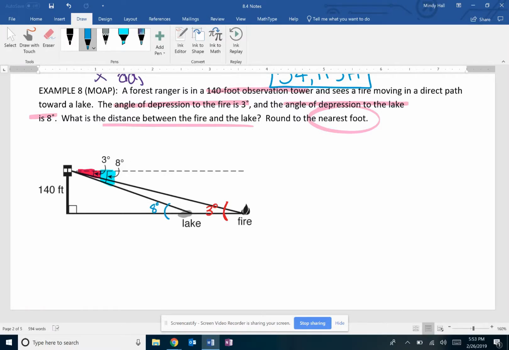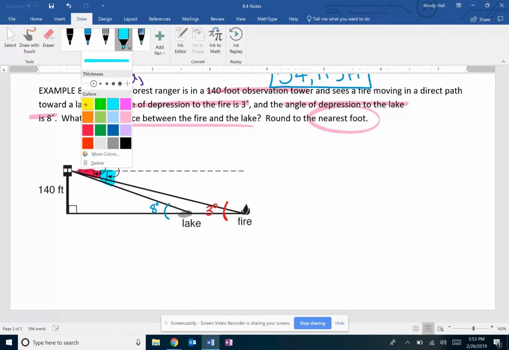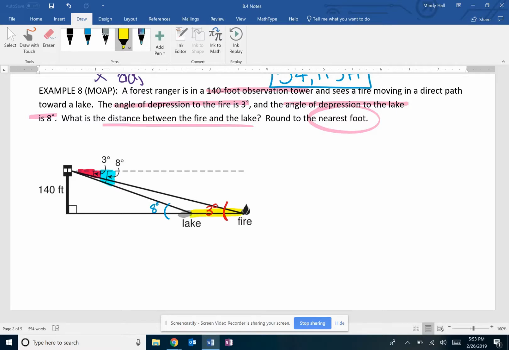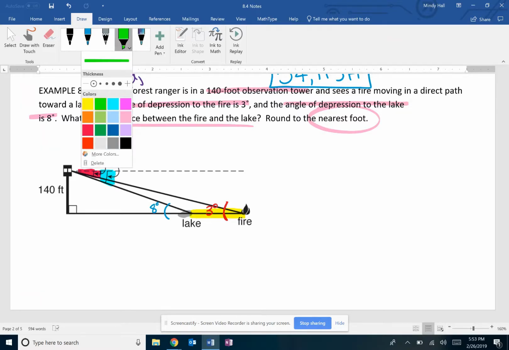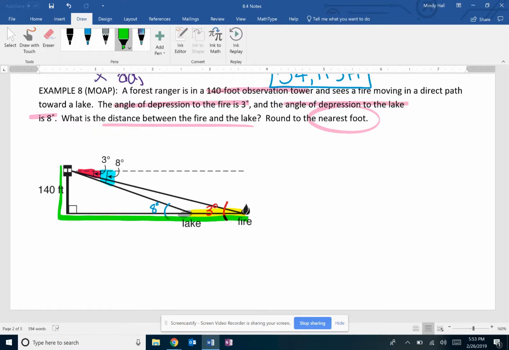So in order to solve this, we are looking for this little piece of this big triangle. And notice that the big triangle is all the way from the observation tower over to the fire and back up. Because in order to use all this trig, we have to make sure we have that right angle in there.